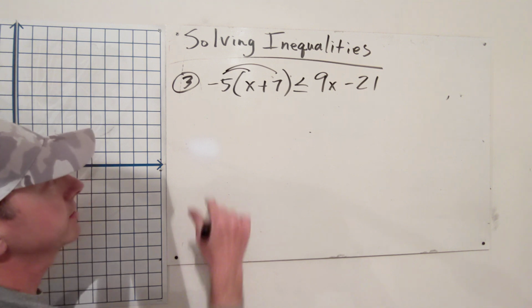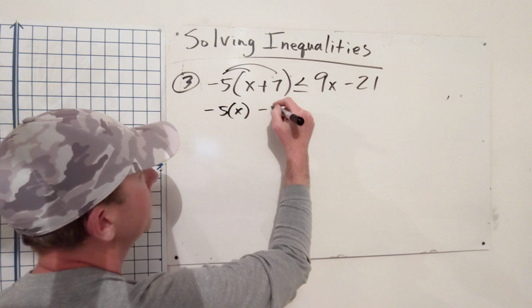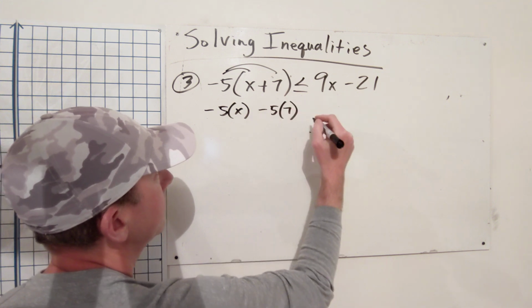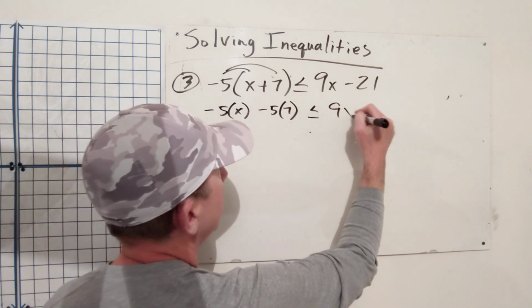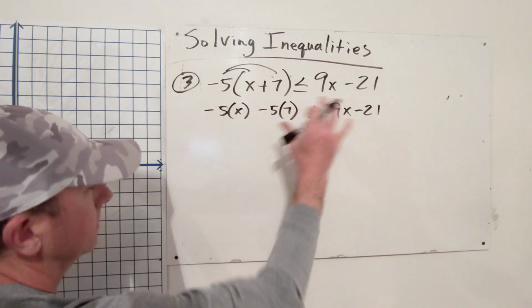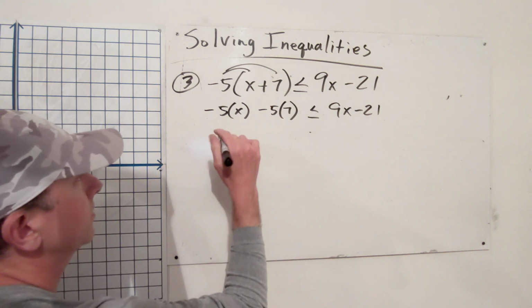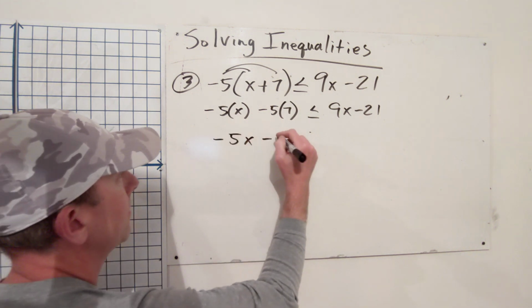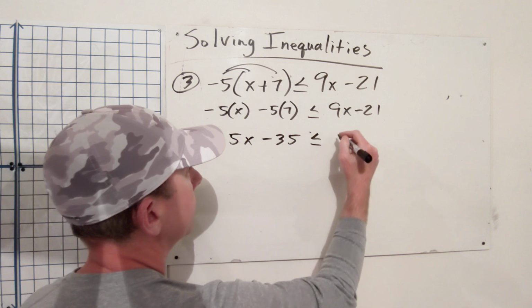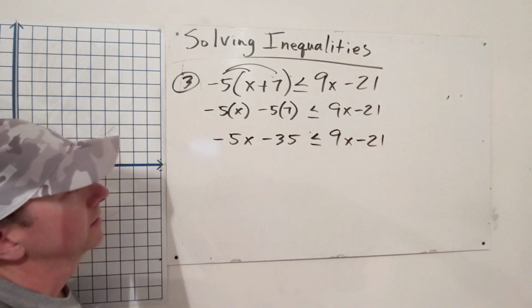So we take negative 5 times the x, and also negative 5 times the 7, less than or equal to 9x minus 21. That part's going to stay the same. Sometimes students will skip this step, but I just wanted to write it out to make sure we review. So this is going to be negative 5x minus 35 is less than or equal to 9x minus 21. So there goes that step.